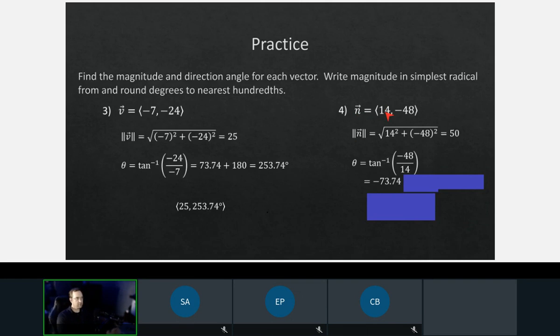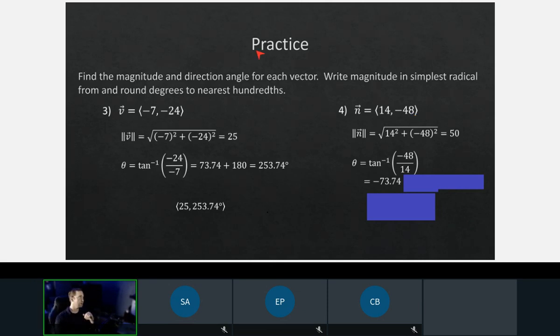The original problem, 14 negative 48, is in quadrant 4, right? So that tells us right away your angle needs to be somewhere between 270 and 360, correct? These problems are nice because if you know the quadrant, you can say, my angle better be between these two values.